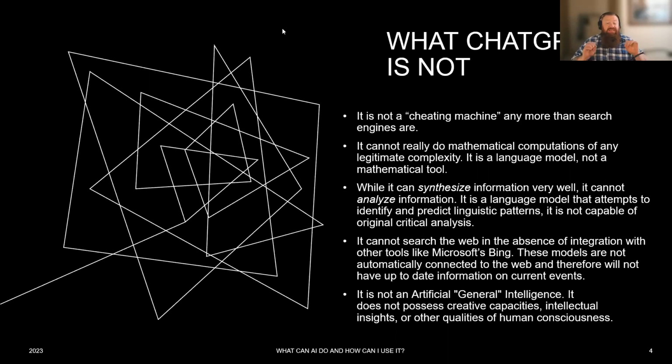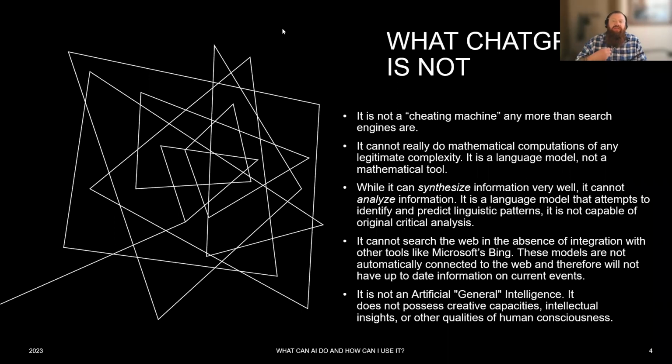But if you ask it even a simple operation, subtraction, addition with, say, 4 digits, 4,336 minus 2,177, it really struggles with that because it was not trained on mathematical data. It was trained on linguistic data, and there's just not as much linguistic data on even basic functions like subtraction and addition with that many digits. So it is not much of a mathematical tool.